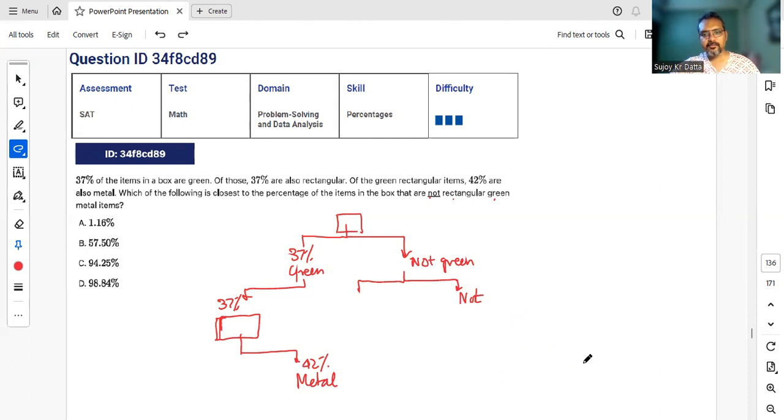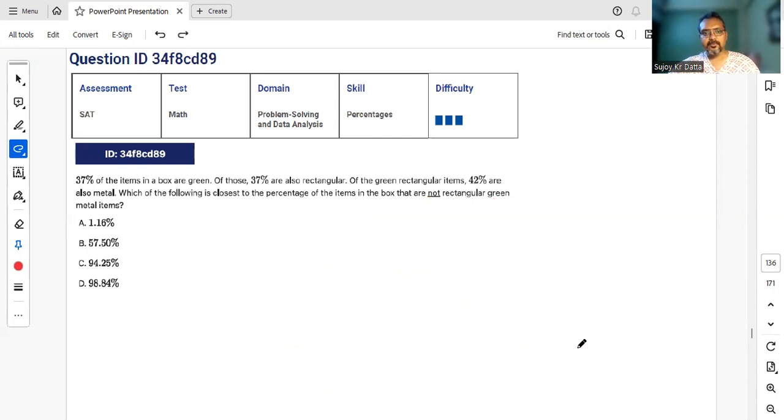So if I want to solve this, what I can do is start off with 100, let us say. So 37 are green. And of those 37, 37%. So what is 37% of 37? It is 13.69, which are rectangles.